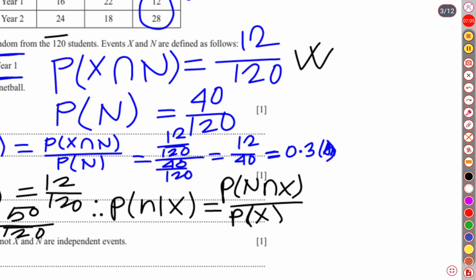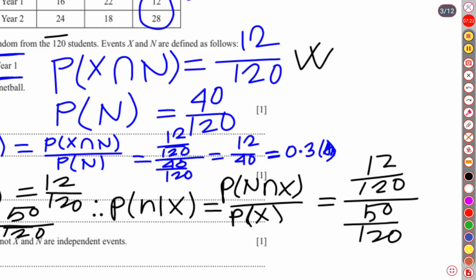The probability of N intersection X is 12 over 120, and the probability of the student being in year 1 is 50 over 120. The 120s cancel each other, so it is nothing but 12 over 50.